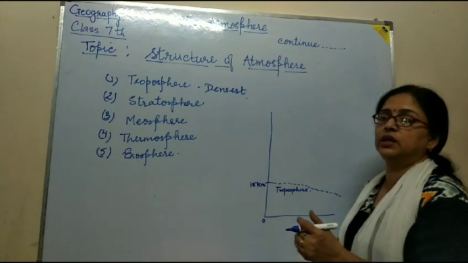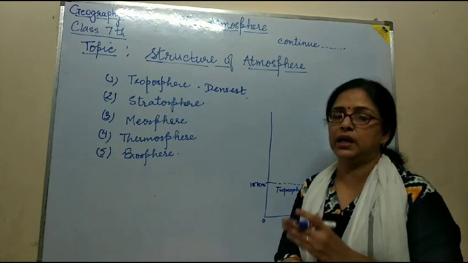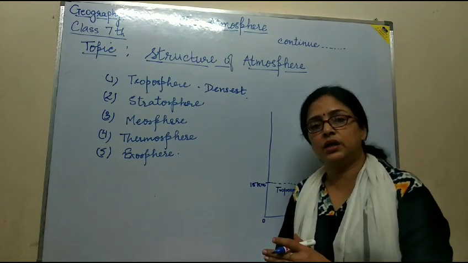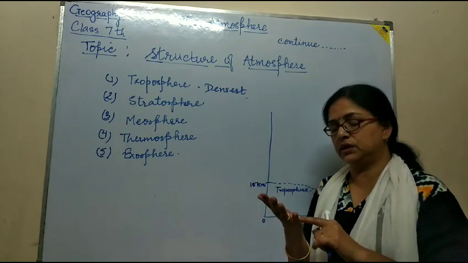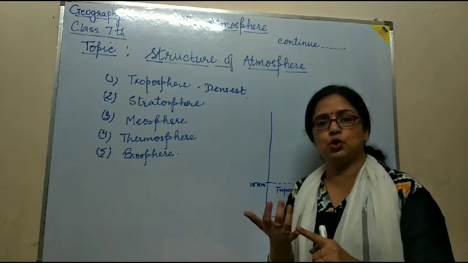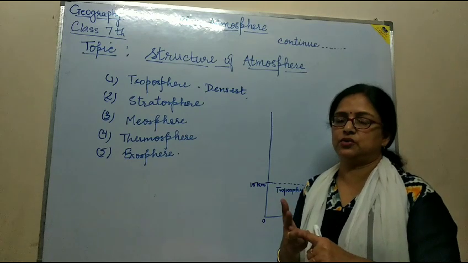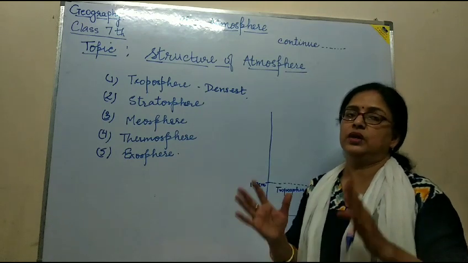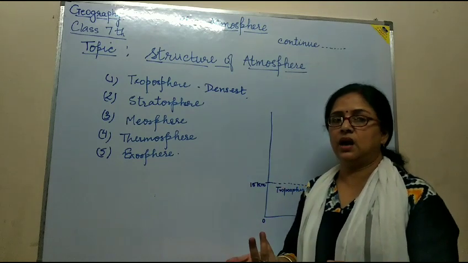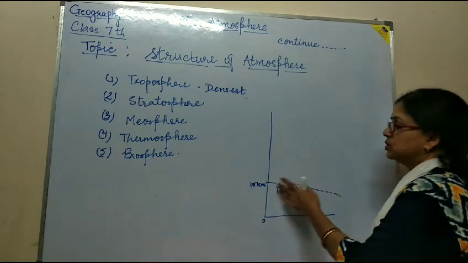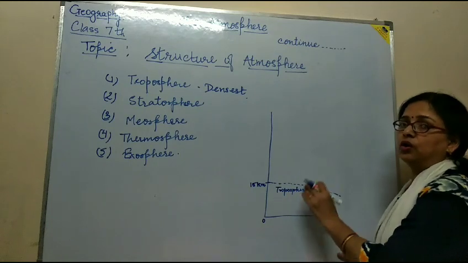All weather related phenomena take place in this layer: water vapor, hail, storm, wind, rain, fog, mist, etc. These are the effects of weather. So all these weather related phenomena take place in this layer, that's why it is called one of the densest layers.